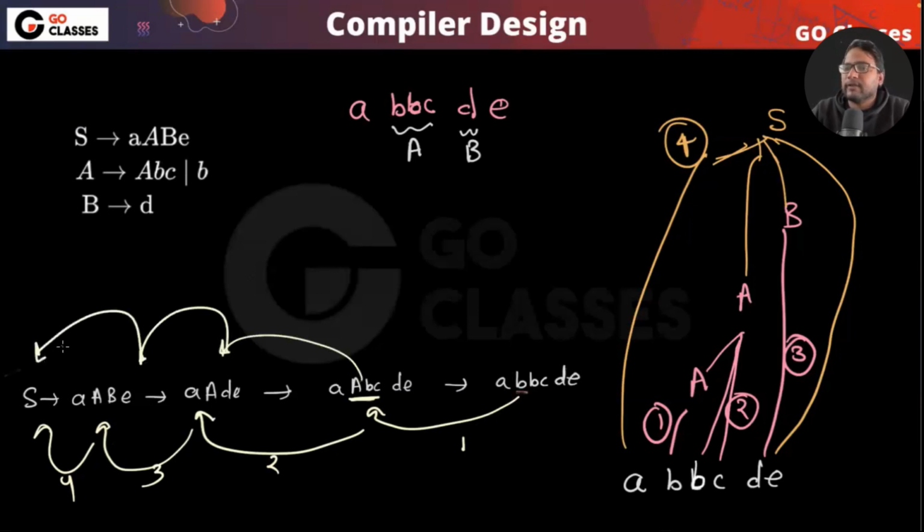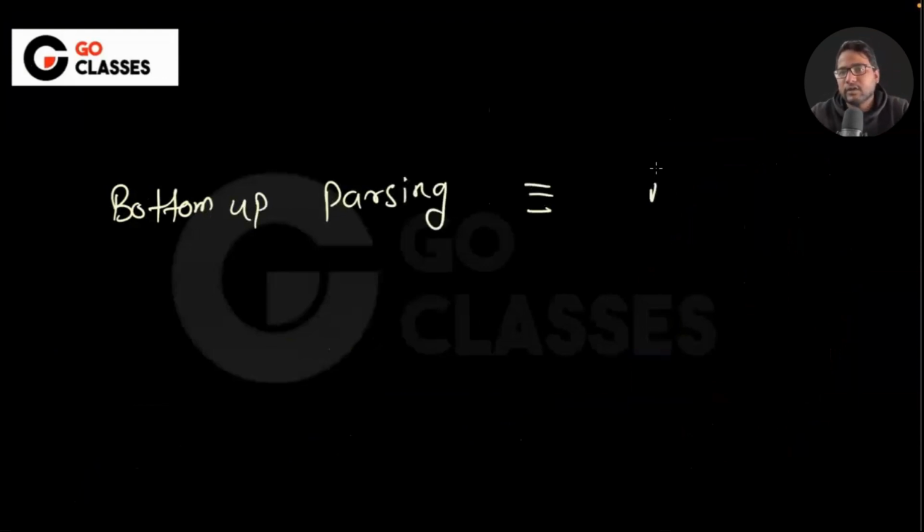It's like that only. So it's the rightmost derivation only, but since you are not starting from the start symbol, you're starting from the input string, that's why we are calling it reverse rightmost derivation. Okay, so you should all be convinced that bottom-up parsing is the same as reverse rightmost derivation.